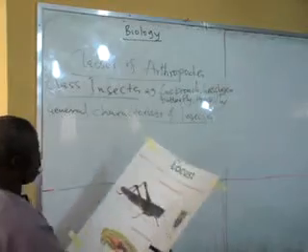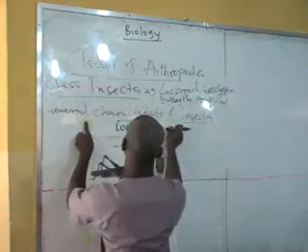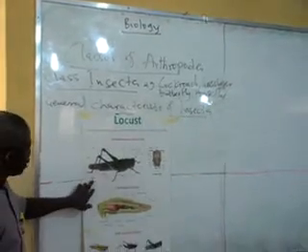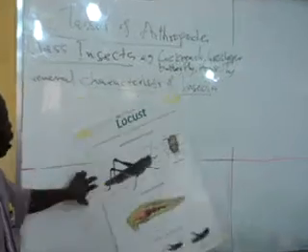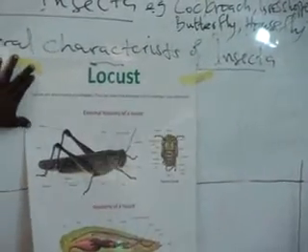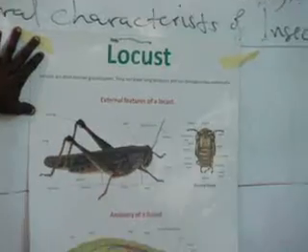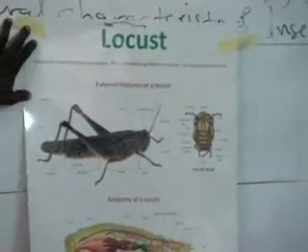So first of all, I would like us to look at this chart. One example of organisms in the class Insecta is what is called the locust, which you normally call a grasshopper.